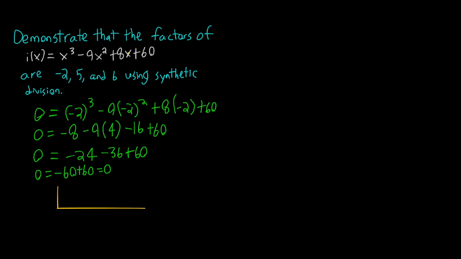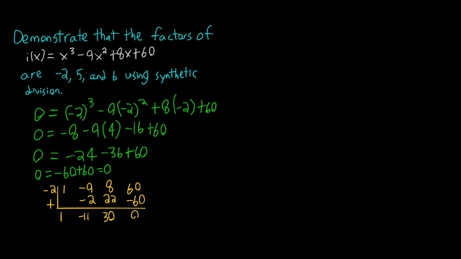So we're going to, first off, put all of our coefficients in. So 1, negative 9, 8, and 60. But we're going to have the plus here and negative 2 there. So we bring the 1 down, that's 1. 1 times negative 2 is negative 2. Those add to negative 11. Negative 11 times negative 2 is 22. 8 plus 22 is 30. 30 times negative 2 is negative 60.